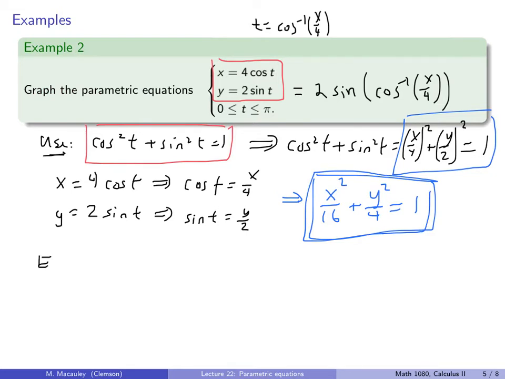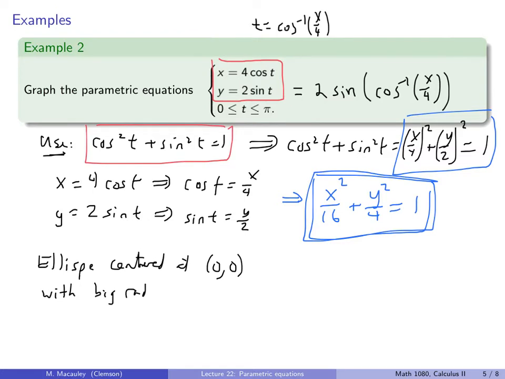This is an ellipse. I always forget how to spell this. I-S-P-E, I think that's right. This is an ellipse centered at 0, 0. Hopefully you remember your pre-calculus. With a big radius.